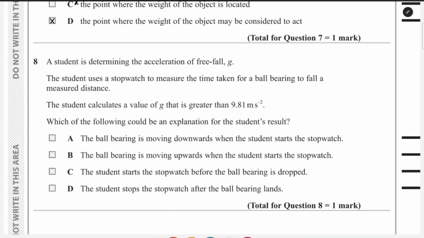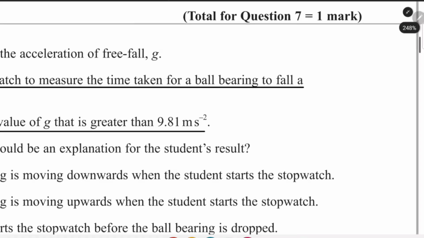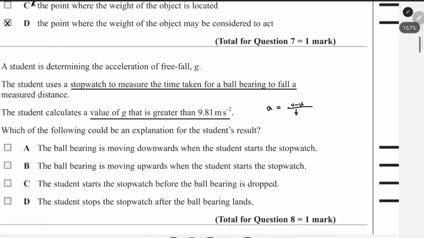In question 8, we have a student that's trying to determine the acceleration of free fall. We are told that the student uses a stopwatch to measure the time taken for a ball bearing to fall, and that his calculated value of g is greater than 9.81. Now the formula for acceleration is v minus u by t.